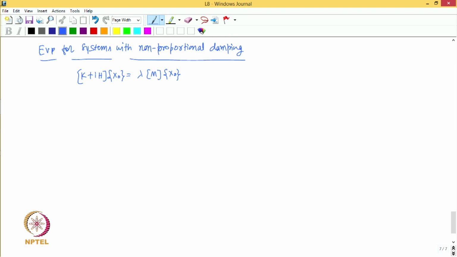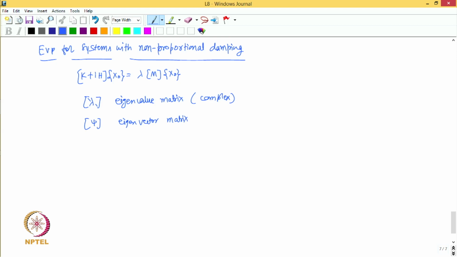So, the eigenvalue problem looks the same, but now the matrix H is non-proportional, and if we solve this eigenvalue problem, it again leads to an eigenvalue matrix, and it is complex, as was also the case with proportional damping, and then we get the matrix of eigenvectors. This is the eigenvector matrix.